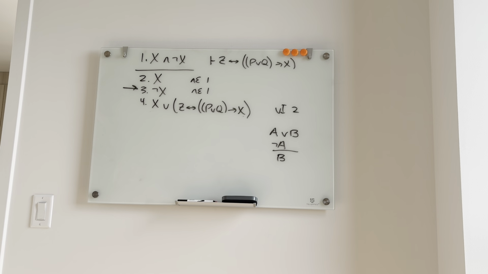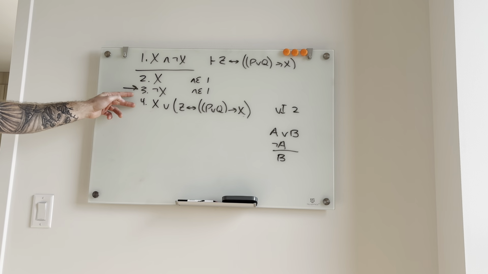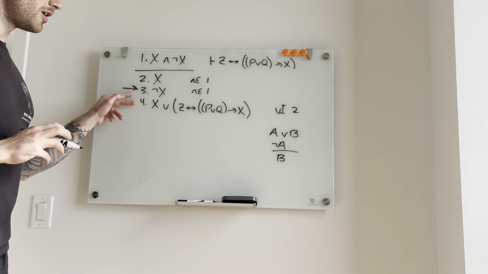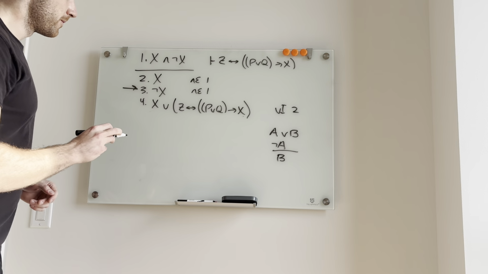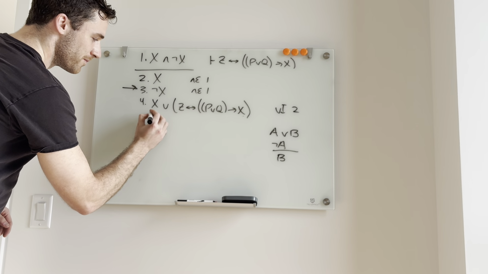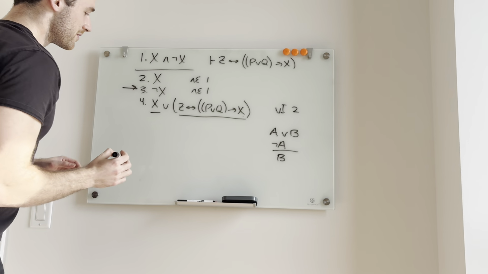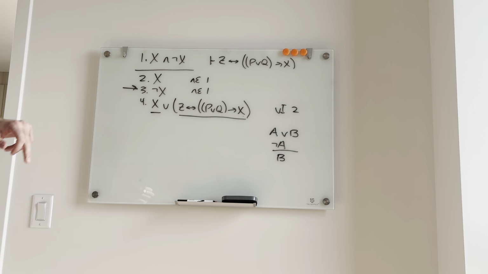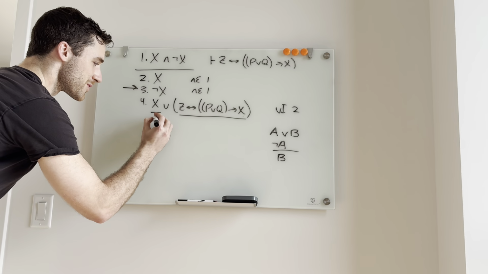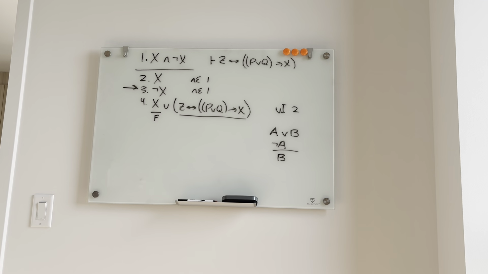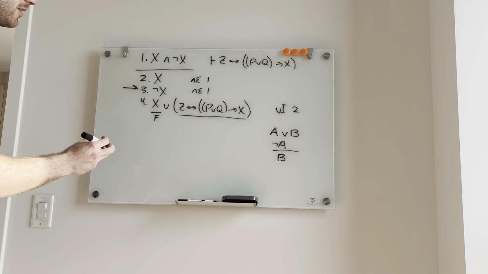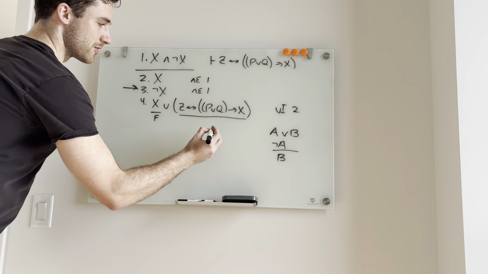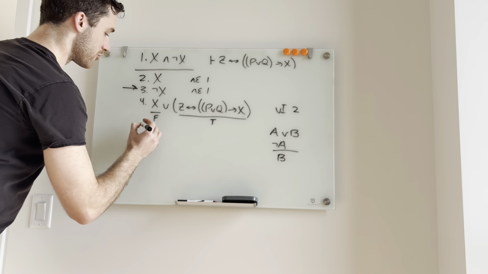So now I can just use or elimination on lines 3 and 4. I can reason like this. Here's 2 sentences. I've proven this one. Line 3 tells me this guy must be false. And so because this or statement is true, the other one must be true.